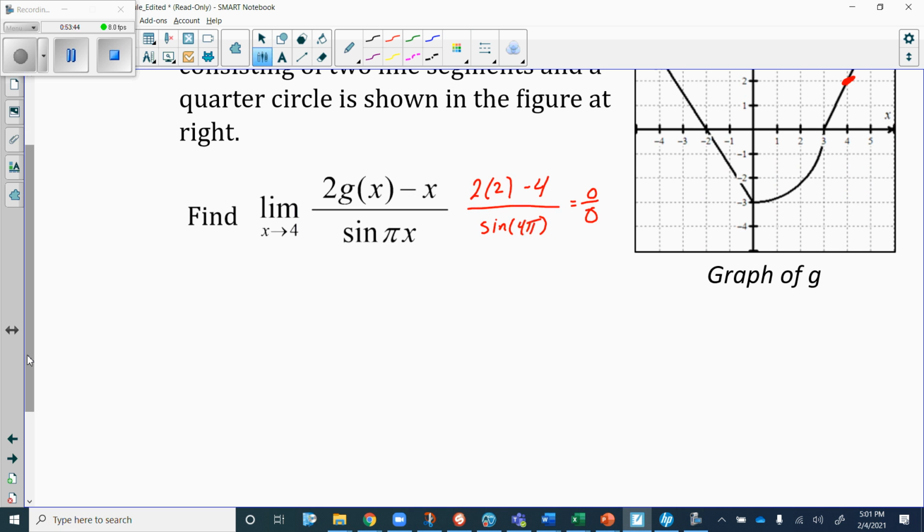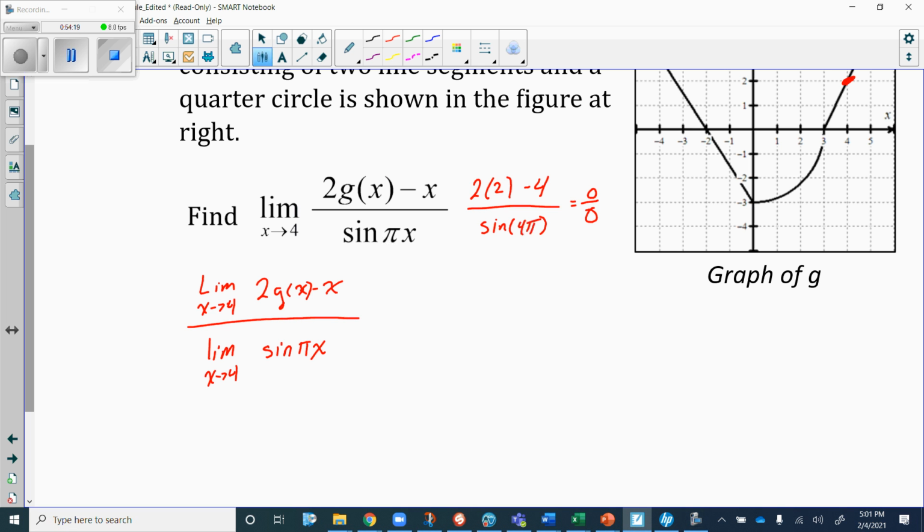And here, because they're using g of x in the function already, I don't want to try to convolute things a little, so I'm going to show discretely the limit as x approaches 4 of 2 times g of x minus x over the limit as x approaches 4 of sine pi x.